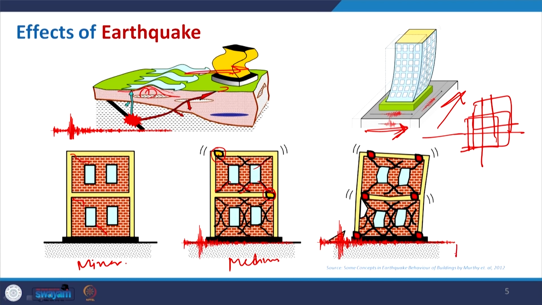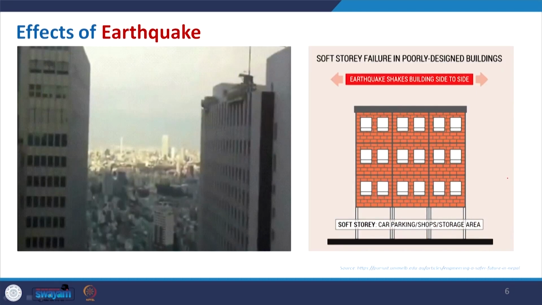But with a major, very sudden and high intensity earthquake, there is serious damage, where a portion of the wall falls down, and there is permanent deformation. So, depending on the intensity and on the building materials and structure, the effect will also vary.